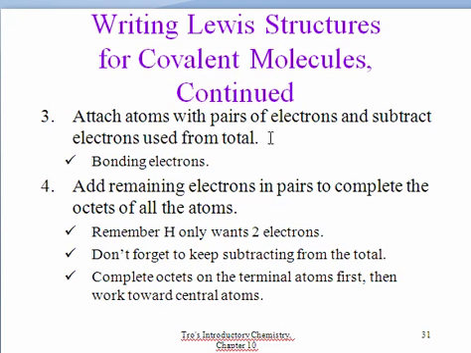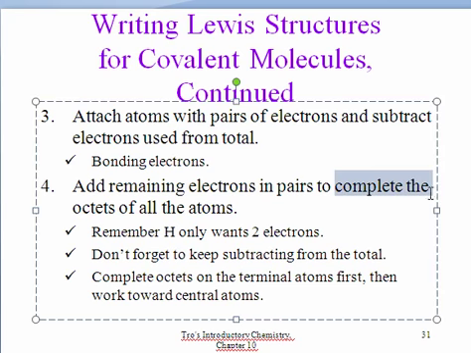Then we have to account for our electrons. We'll take a look at how to do this, and then we see how many electrons we used in bonding, and however many electrons we have left, we want to distribute to complete the octet of all atoms.